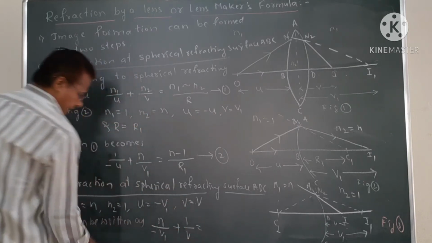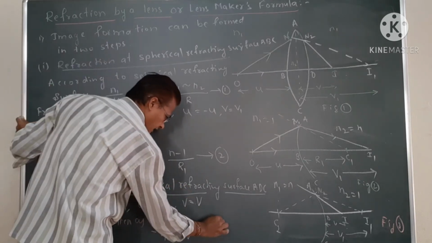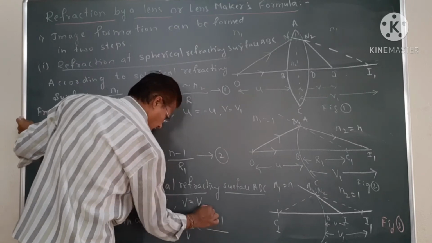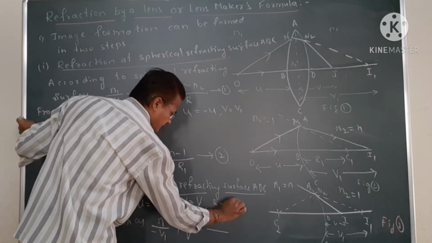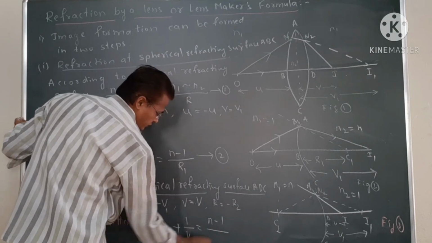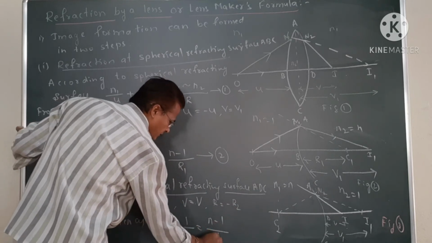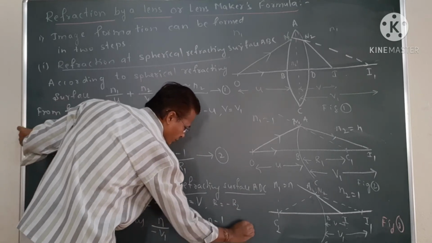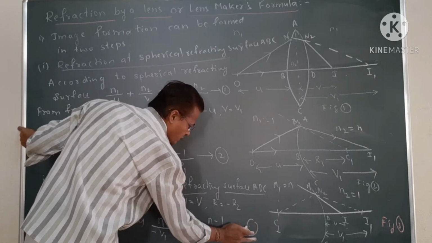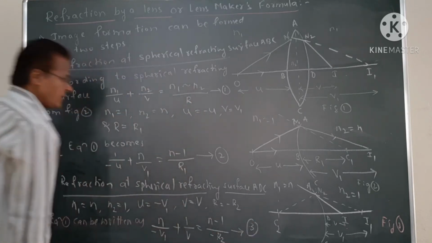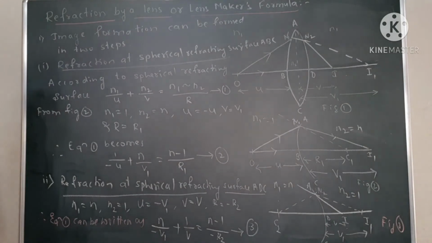Again here, n minus 1, and r equal to minus r2 because it is in the opposite direction, so that is why we are taking it as minus r2. This is equation 2, and equation 3 we can write. So we are going to call that equation 3. I hope you people are understanding.